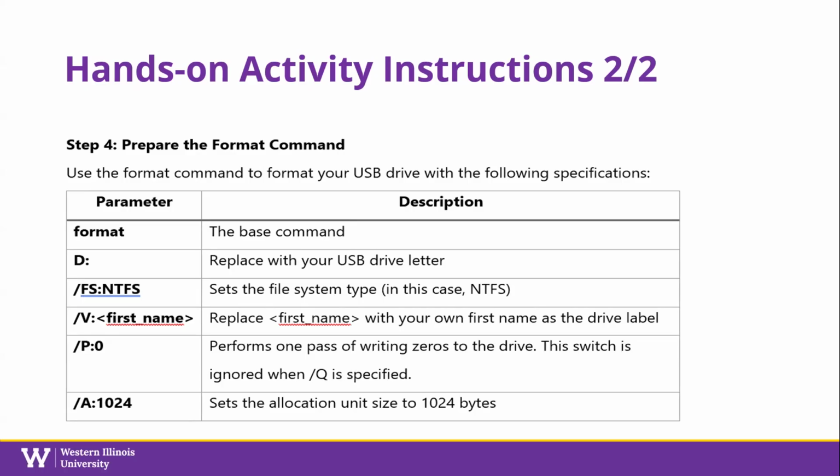They need to have the drive label as their first name. And the most important thing, they need to perform one pass of writing zeros to the drive. That is very important. Then I mention that this switch is ignored when /Q is used, and then the allocation unit. This is my expectation of what they have to understand from the lecture, so they can be very, very confident when they need to format a USB drive using a command line tool.